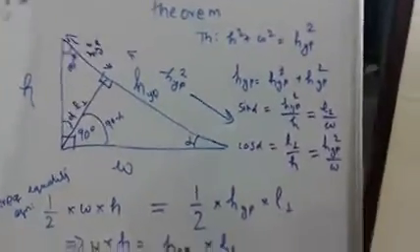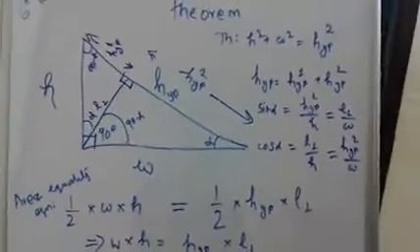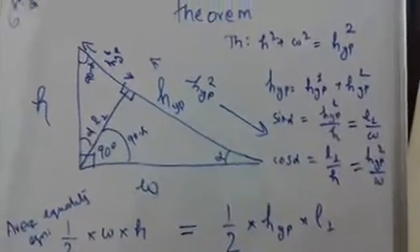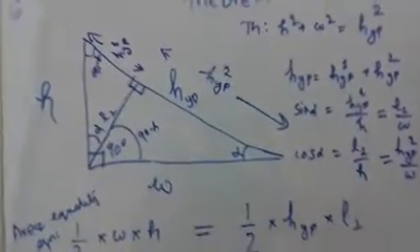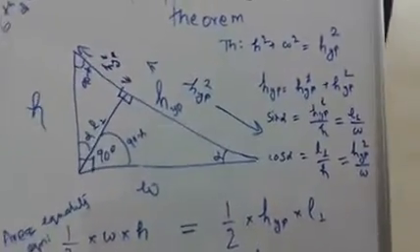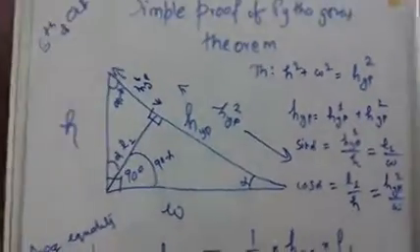The importance of this theorem is it is essential to our complex algebra. And so now the proof that we know of this theorem uses geometry, and it constructs squares on each of the sides. There's a square on the h side, square on the w side, and a square on the hypotenuse side.